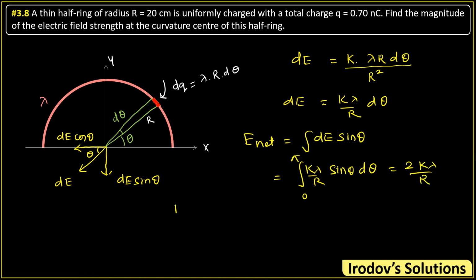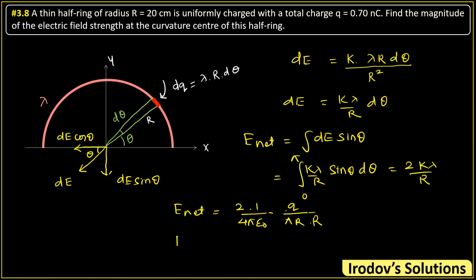And if you want to write this in terms of q and r, first of all 2k is 2 times 1 upon 4 pi epsilon naught, then 1 upon r, and lambda is the charge upon length. The length of this wire is pi r, and the denominator there has one more r.